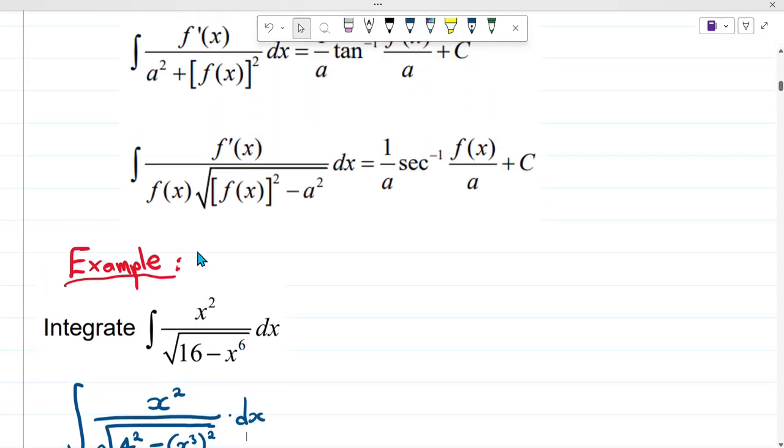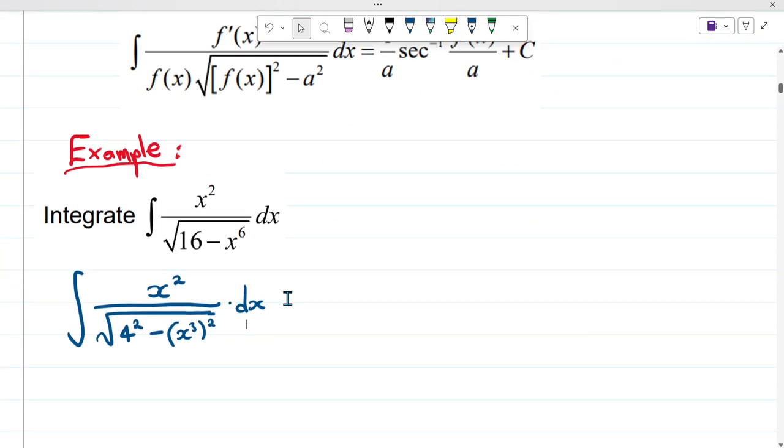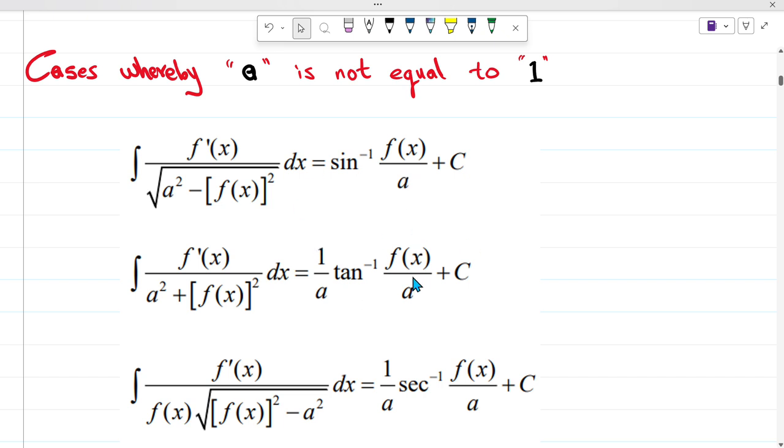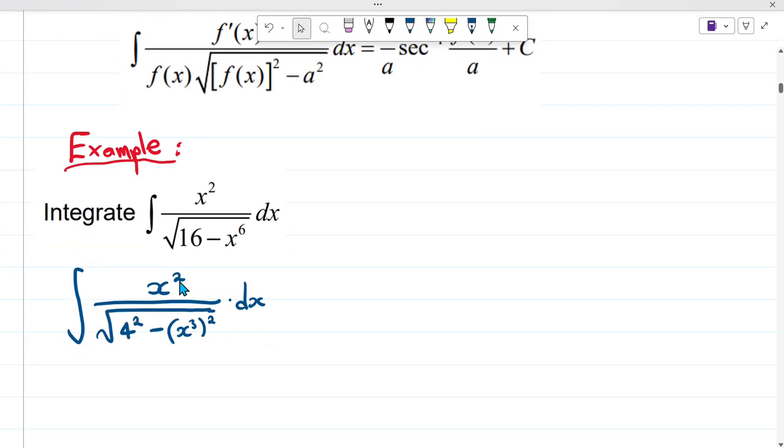So we must first make sure that on the numerator we have the derivative of the thing that's here. The derivative of x cubed is 3x squared, so let's make sure we have 3x squared.